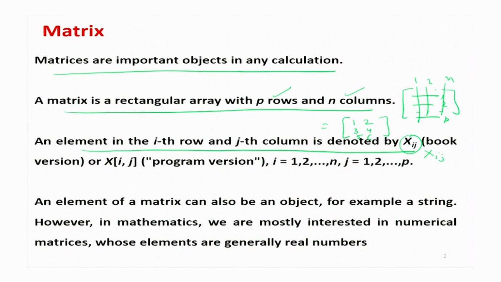That is the notation when we do matrix algebra on the blackboard or in a book, but when we write it in the software, a popular notation is x, and inside the square brackets you write i, j, which are going to be some values. For example, i can be any value between 1 to n, and j can be any value between 1 to p.